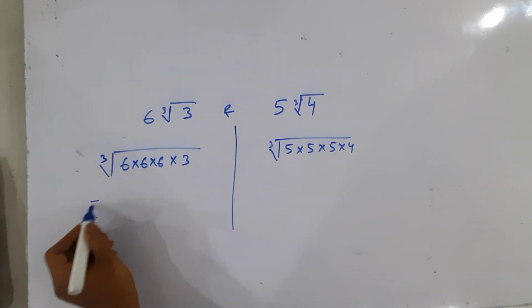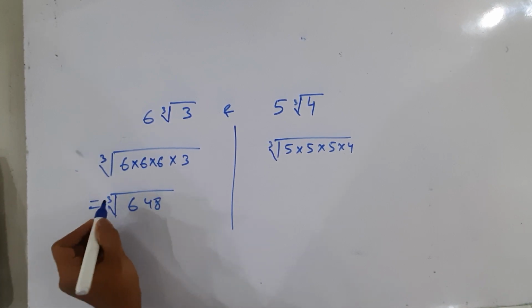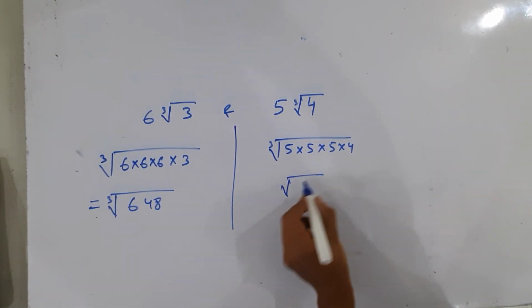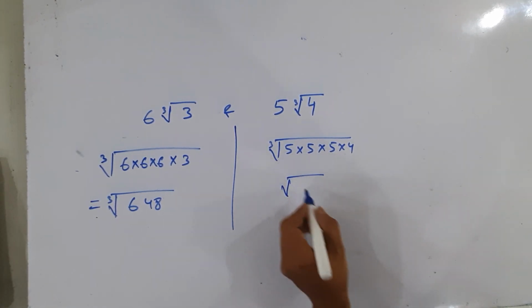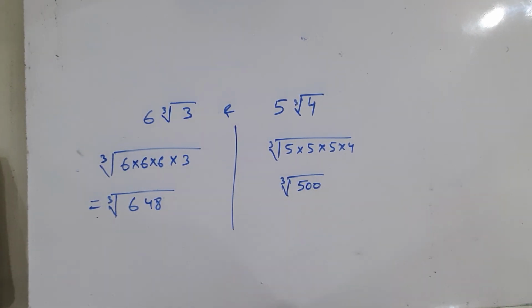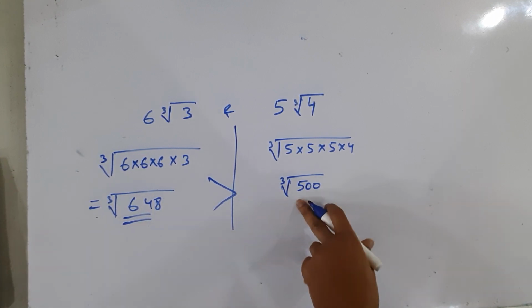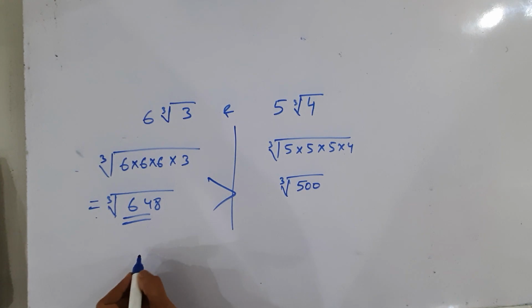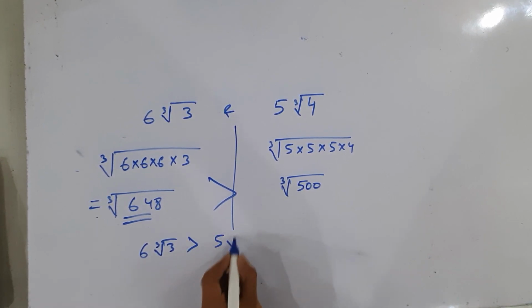So if you solve, you will get cube root 648, and here you will get cube root 5 5 is 25, 25 5 is 125, 4 is 500. So you will get cube root 500. So now you can compare, this value is greater than cube root 500. That means 6 cube root 3 is greater than 5 cube root 4.